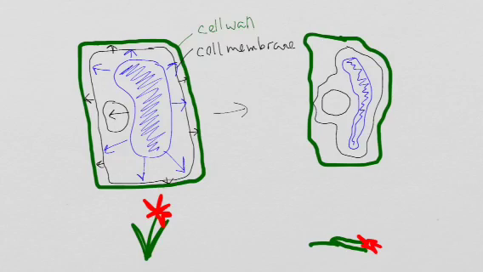If all the cells in the organism end up losing their water vacuoles here, and all of the cells end up shrinking in on themselves, then the organism as a whole will wilt. Okay? But you need to understand what's happening to cause that wilting.